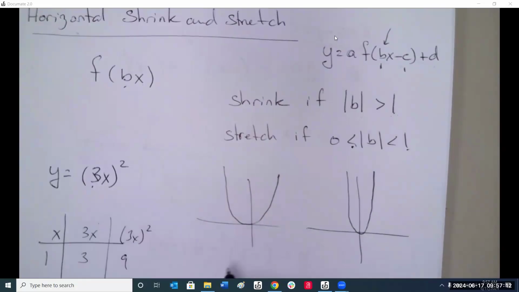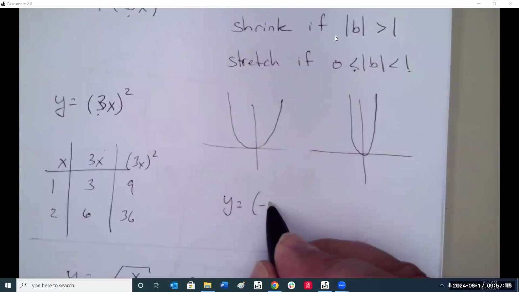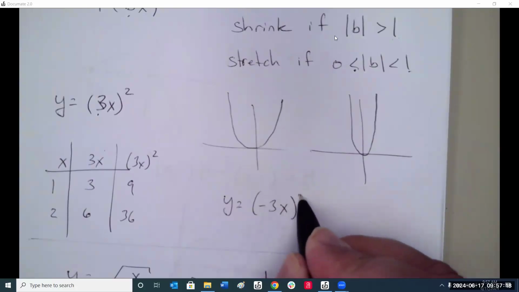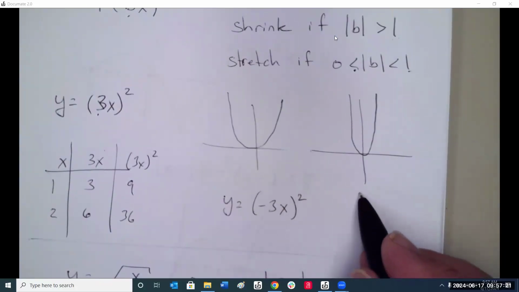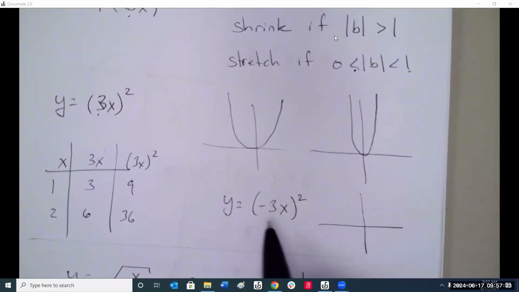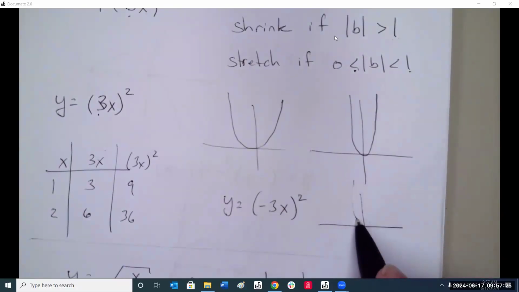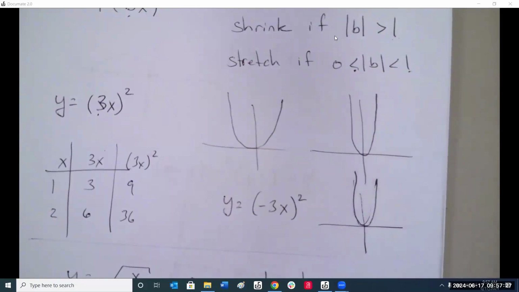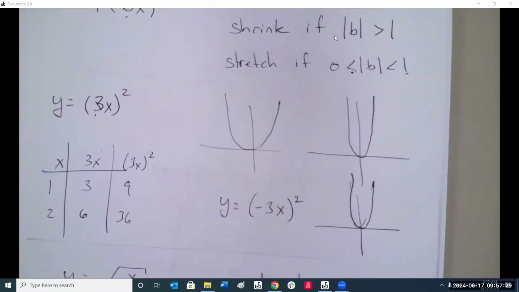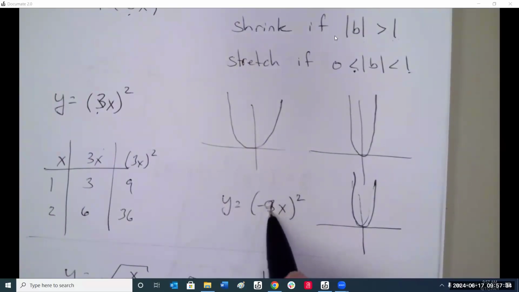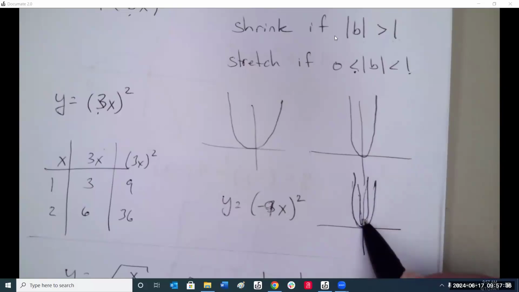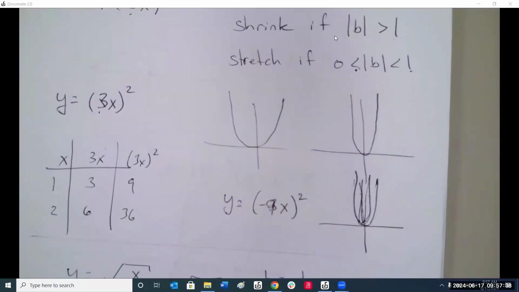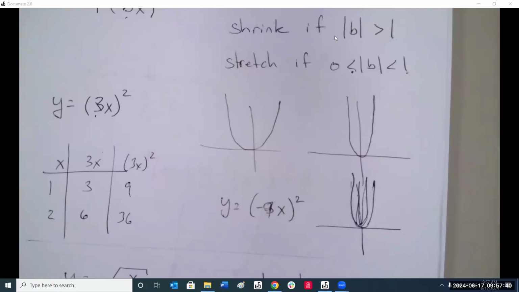Even if this one was y equals negative 3x, all that squared. If it's inside, it's a horizontal flip. It's still going to be skinny. If it was 9 inside there, it would be 3 times skinnier. So if it's inside the function, it's always the opposite.